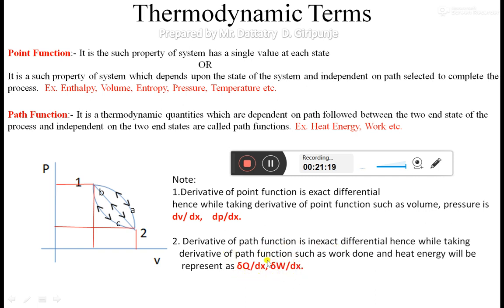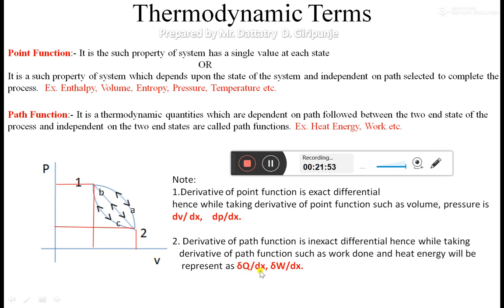Heat and work are path functions which do not depend on only one parameter, they depend on a number of parameters. So we can't take an exact differentiation for work and heat. We always represent work and heat by partial derivatives, del q by dx and del w by dx, because they are path functions.